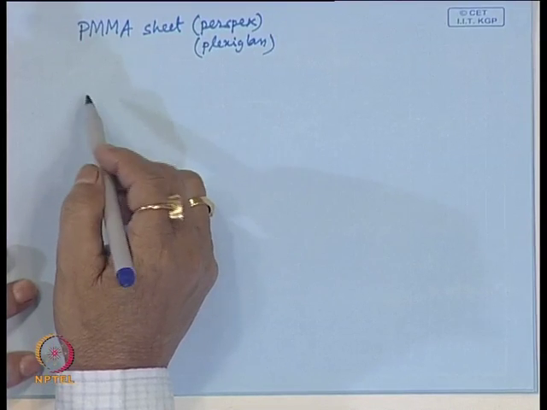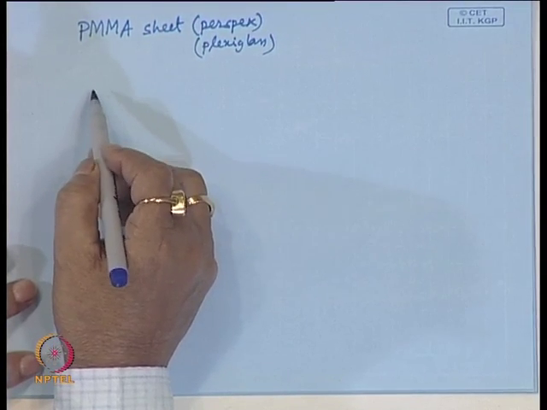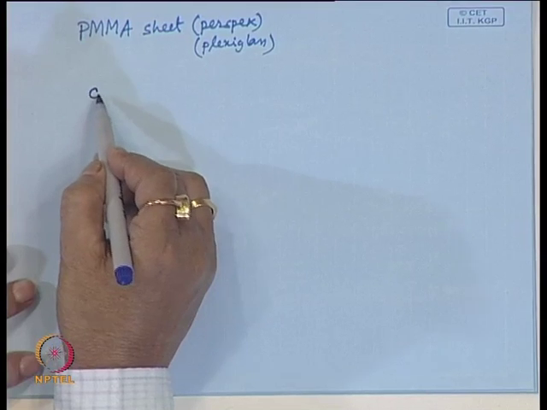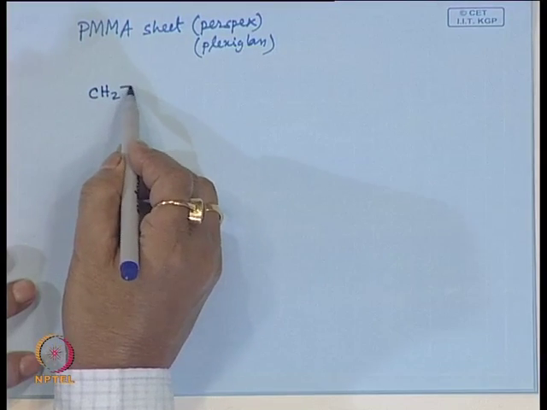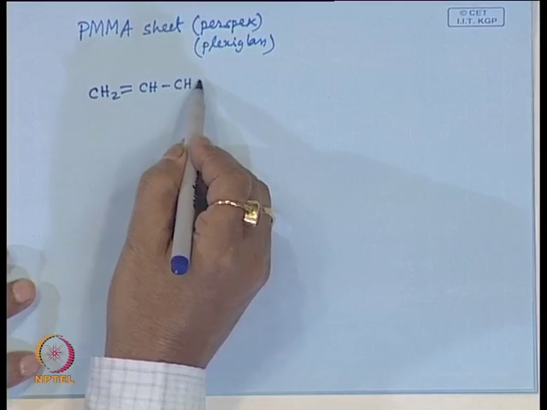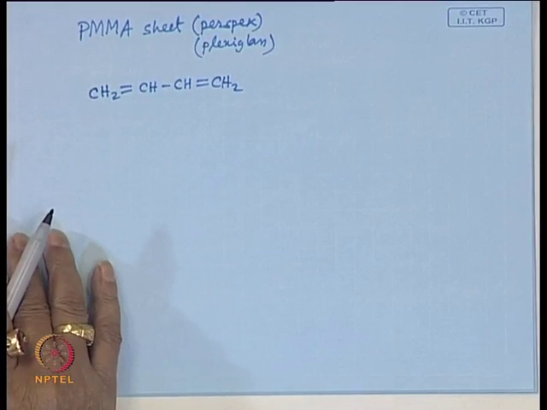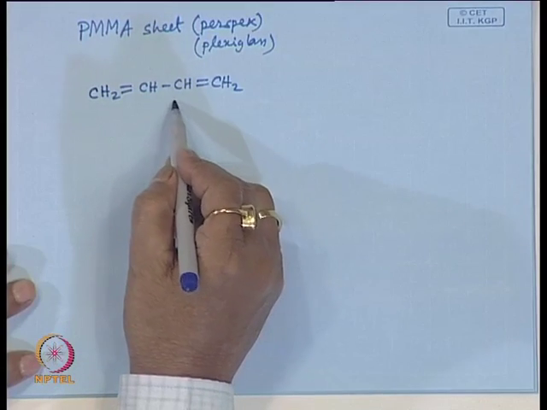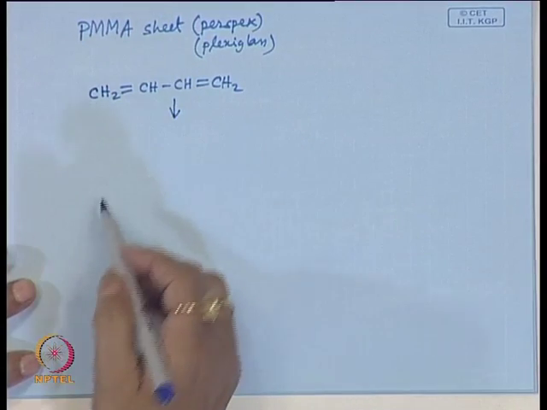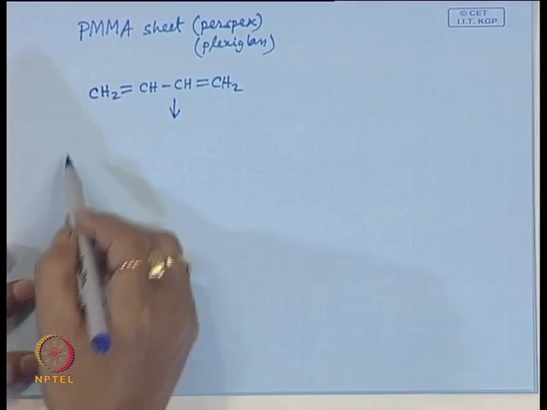Say, think of, I am telling you in one example, say butadiene. It can show various possibilities.